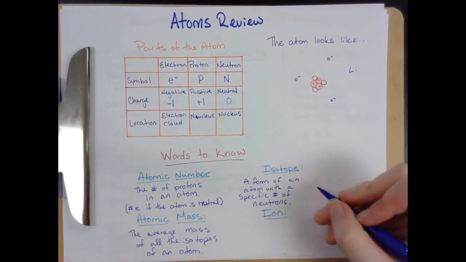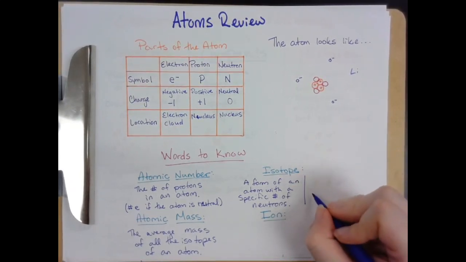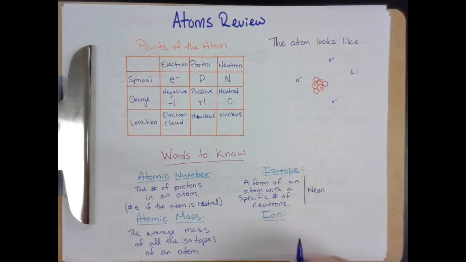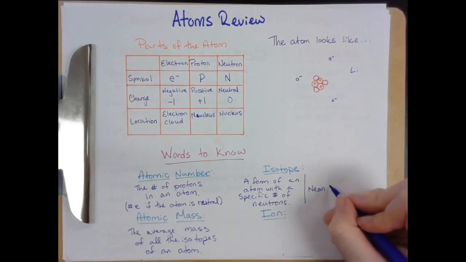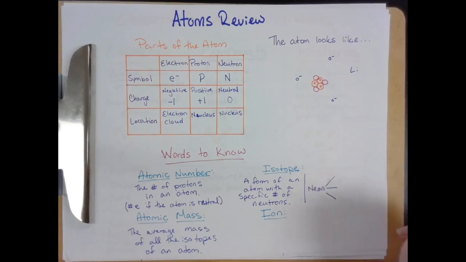Okay? So one example of an isotope would be something like neon has 3 isotopes. So neon is an element. It has 10 protons, and there are 3 isotopes of neon, so 3 forms of neon. They all have 10 protons, so I'm going to write that down. 10 protons for all 3 forms.